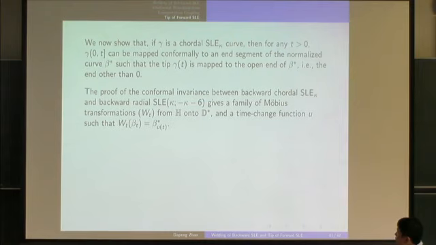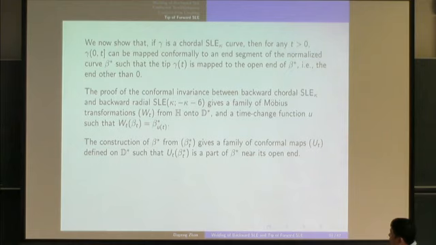The proof: as we recall, the conformal invariance between backward chordal SLE kappa and backward radial SLE kappa minus 6 gives a family of Möbius transformations W_t from the upper half plane onto the exterior of the unit disk, and a time change function u, so that W_t maps beta_t onto beta star at u(t).